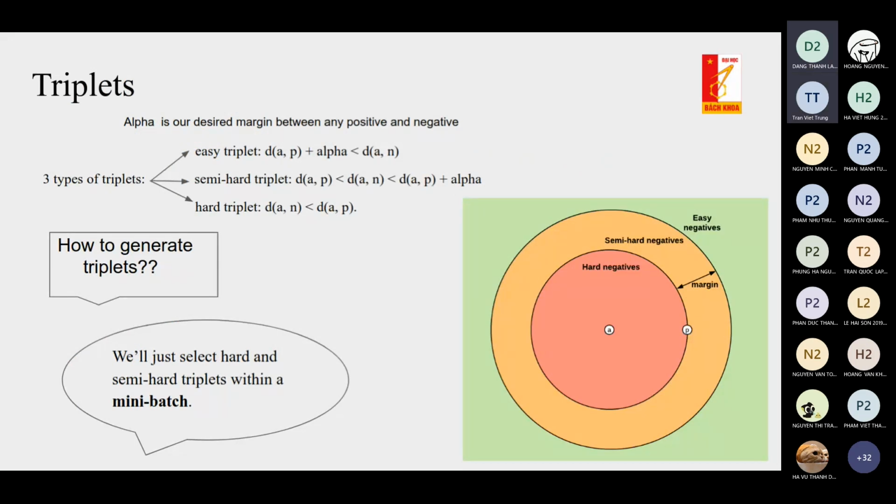I mean, it's not consistent. The way you say hard triplet, and on the image you have hard negative and semi-hard negative, and here you have semi-hard triplet. I don't understand.